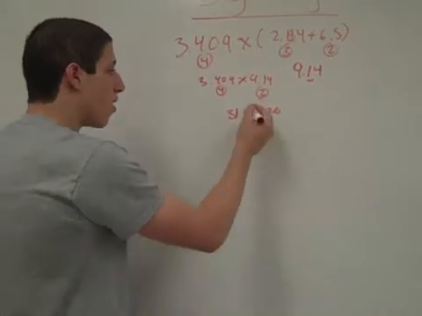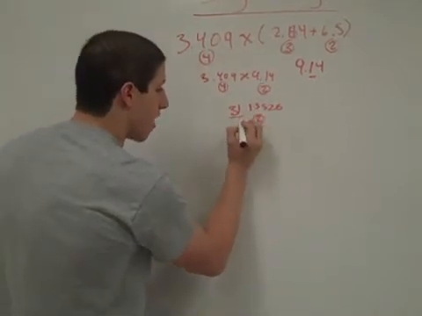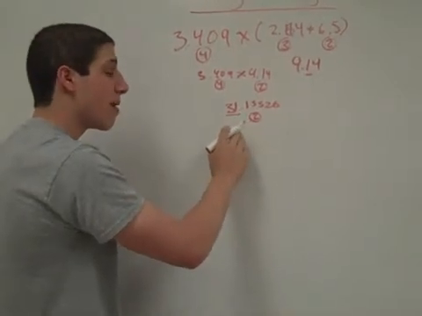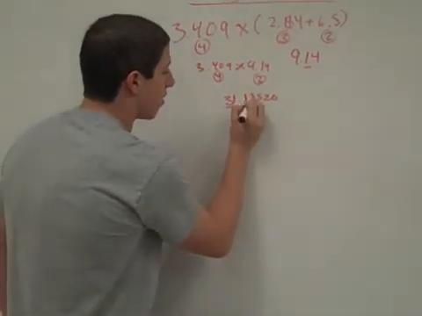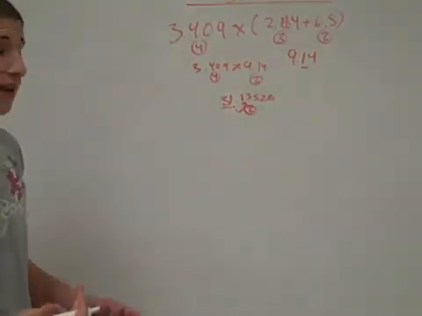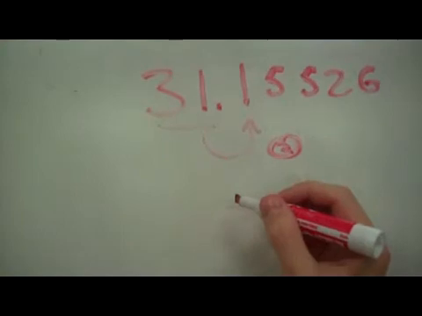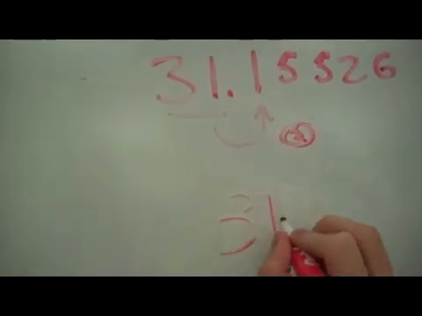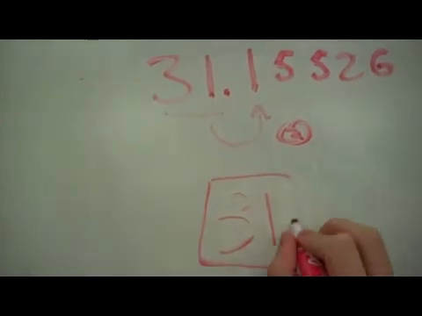To do that, we have to round depending on what's after it. So this number right here, 1, is much closer to 0 than it is to 10. So then you just round down. So your final answer will be 31.